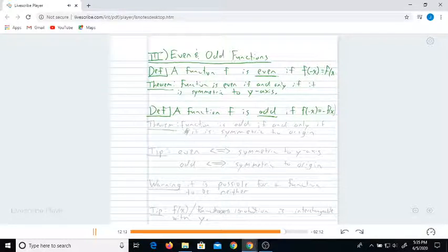In other words, now that one's a little more confusing. The best way I can use to describe an odd function is that it means the same thing as symmetric to origin. So a function is odd if and only if, there's that biconditional again, the function is symmetric to the origin.